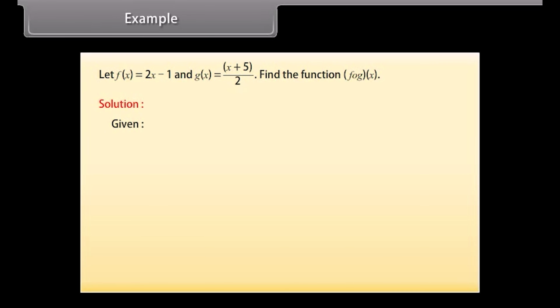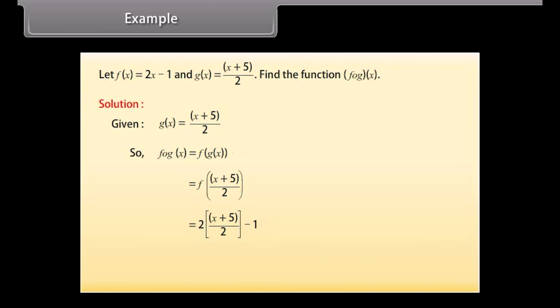Given g(x) = (x + 5)/2. So, f(g(x)) = f((x + 5)/2) = 2·(x + 5)/2 − 1 = x + 5 − 1 = x + 4.